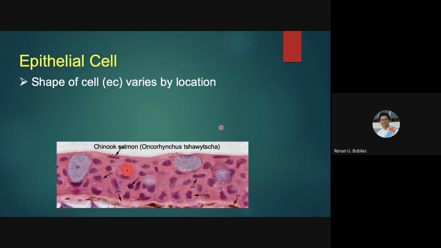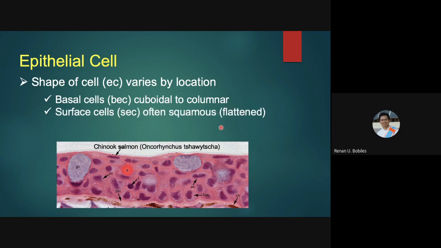So the shape of the cell varies by location. It varies by location. Basal cells, usually cuboidal to columnar. While yung surface, squamous, flattened. Okay? Squamous cell.